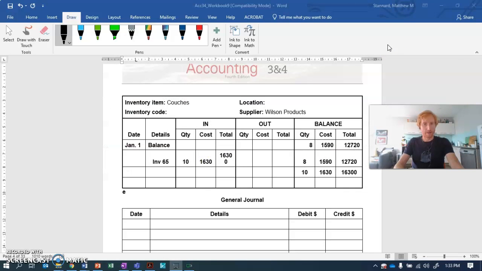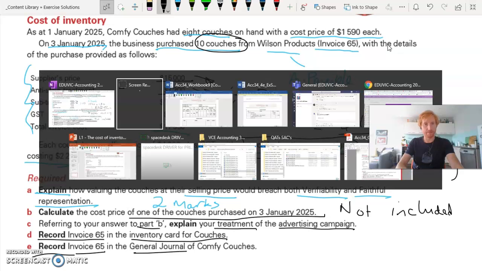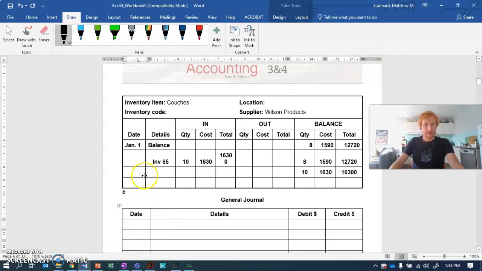Finally, we have to record, again, invoice 65 in the general journal this time. I didn't put the date in up here, my bad.